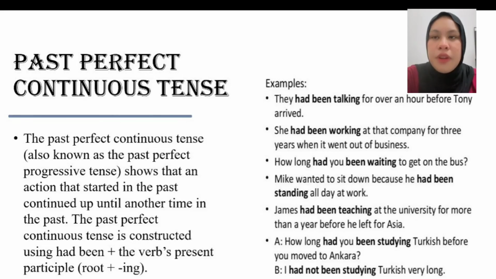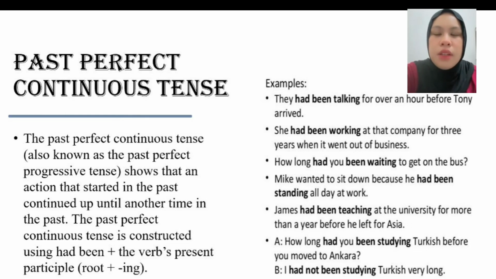The past perfect continuous tense, also known as the past perfect progressive tense, shows an action that started in the past and continued up until another time in the past. The past perfect continuous tense is constructed using had been plus the verb's present participle, the root plus ing.